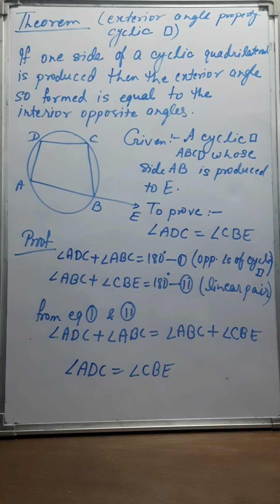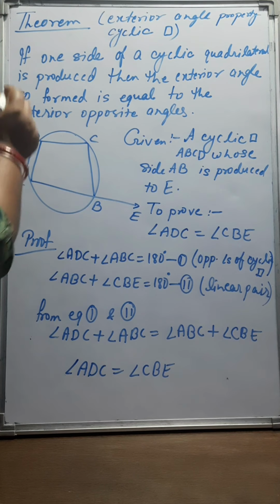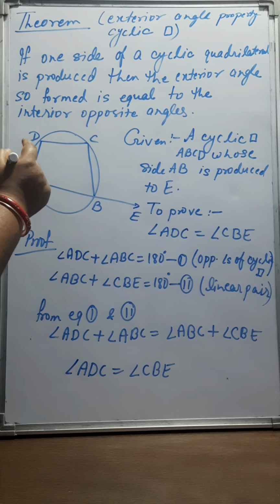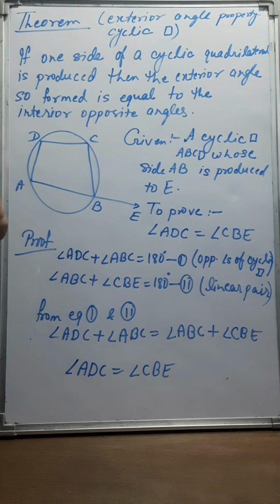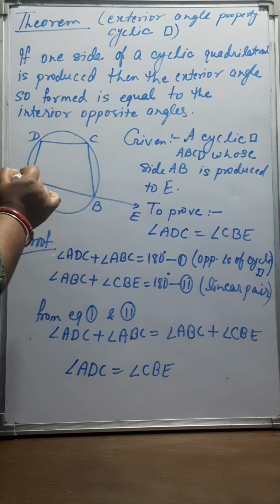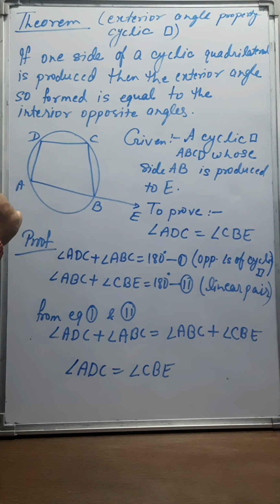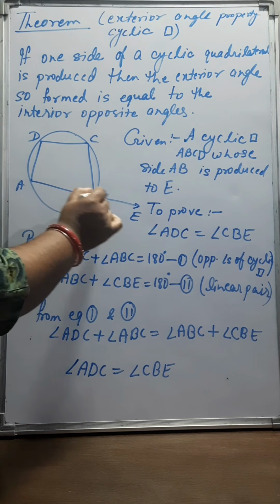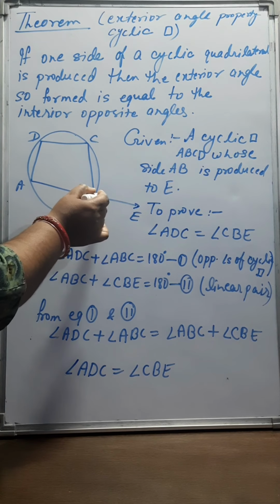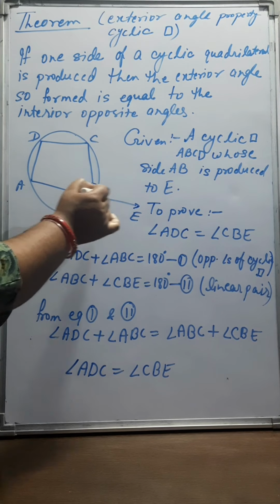Now we will discuss one more theorem based on cyclic quadrilaterals, which is the exterior angle property of a cyclic quadrilateral. It says that if one side of a cyclic quadrilateral is produced, then the exterior angle so formed is equal to the interior opposite angle. Here ABCD is a cyclic quadrilateral in which the side AB is produced to E, so that an exterior angle CBE is formed.